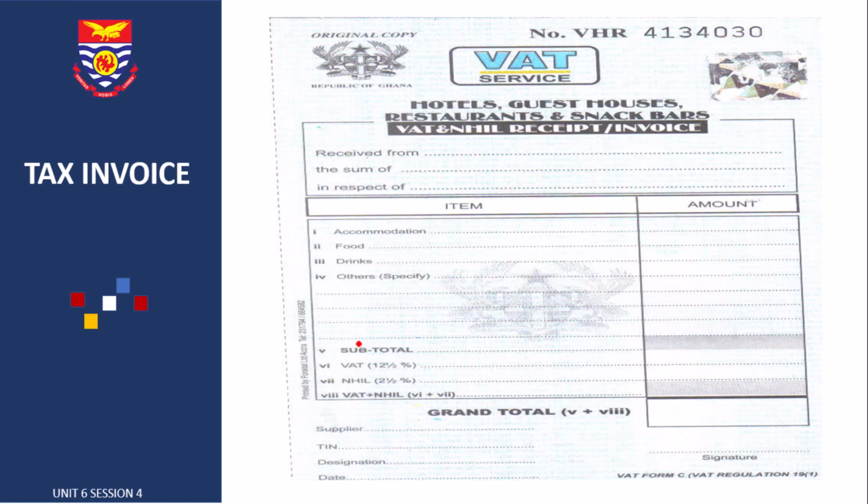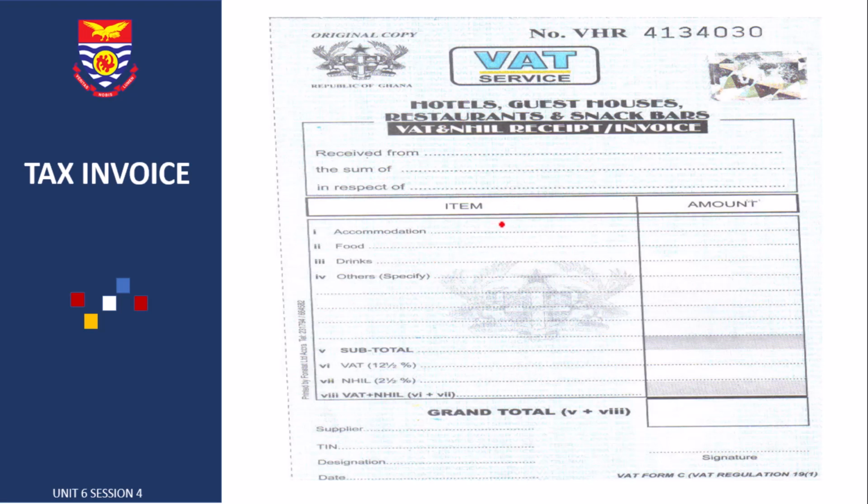I believe we have all seen a VAT invoice before. The VAT invoice is a document showing information of the supply of taxable goods or taxable service to another person. The tax invoice is needed to reclaim input tax. So this is an example of the VAT invoice.